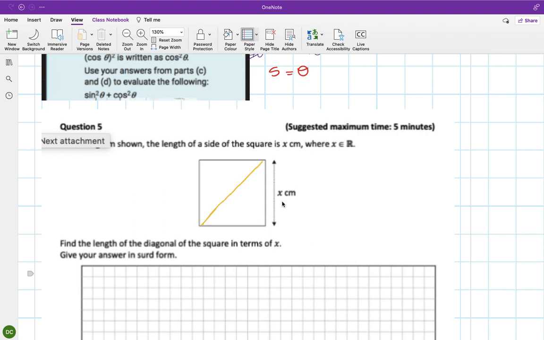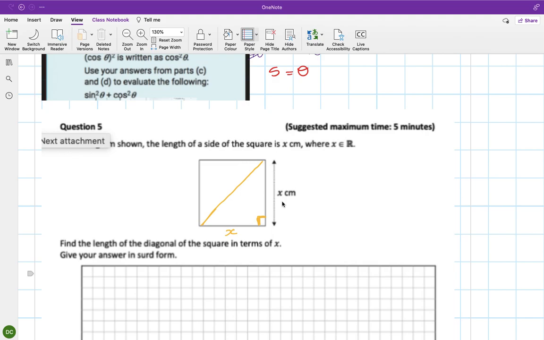Okay, so that's what we're looking for. If it's a square, it means this is x, and obviously so are the other sides. Again, if it's a square, that's a right angle, which means I should be able to use Pythagoras here.